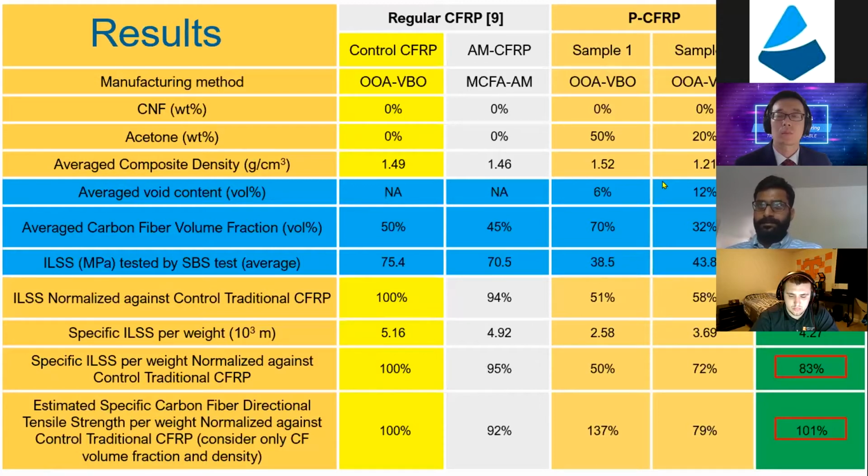If you talk about traditional composite cured in an autoclave, to retain 80% of the original ILS you need void control under 2%. But with nanofiber threading, we can have 10% void and reach the quality of a 2% void content autoclave composite using additive. And the fiber volume fraction is pretty high, about 50%.